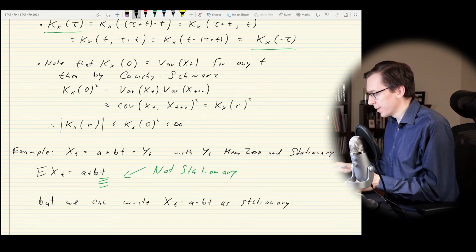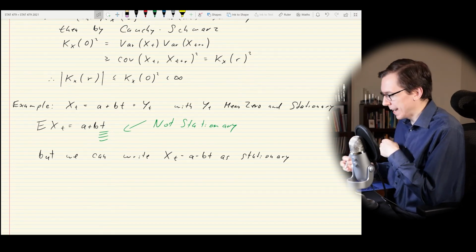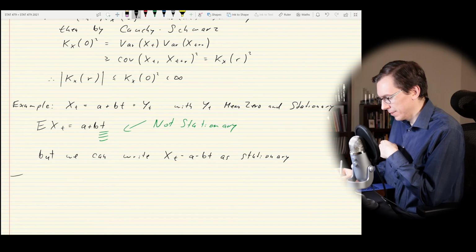And we have one more thing to talk about, which is joint stationarity, and then we'll move a little bit into estimation.